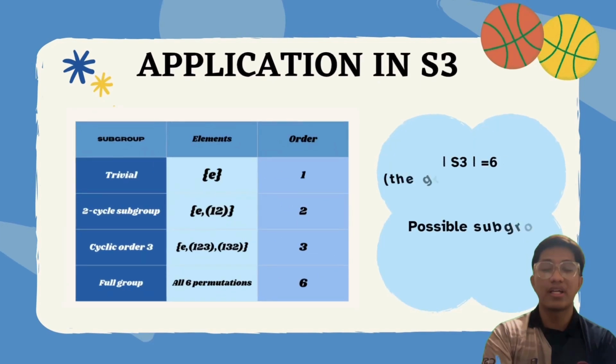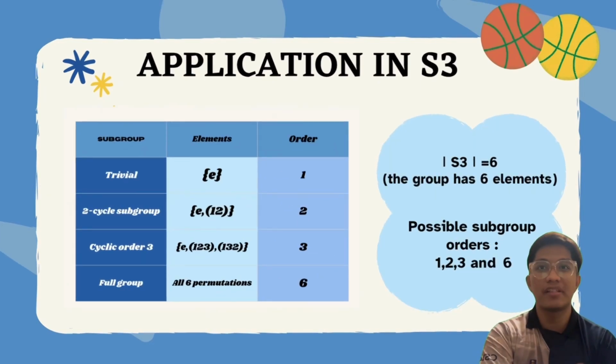Now, let's look at a specific example, the symmetric group S3, which is the group of all permutations of 3 objects. Since there are 3 factorial, equal to 6, possible ways to arrange 3 objects, the order of S3 is 6. According to the Lagrange theorem, any subgroup must have an order that divides 6, that is 1, 2, 3 or 6. And indeed, we can find a subgroup of each of these sizes. The subgroup with only the identity permutation has order 1.